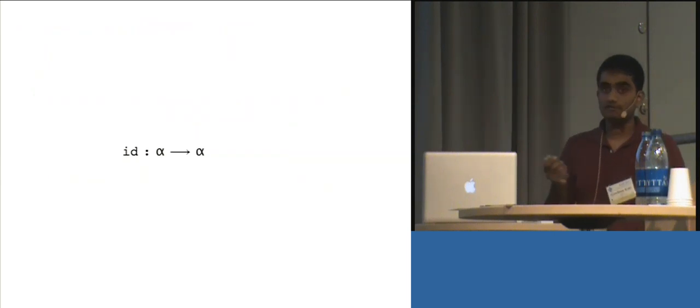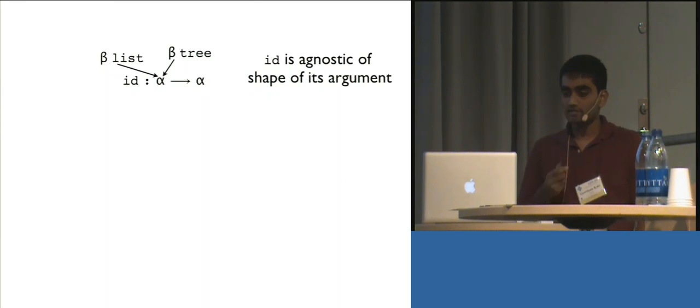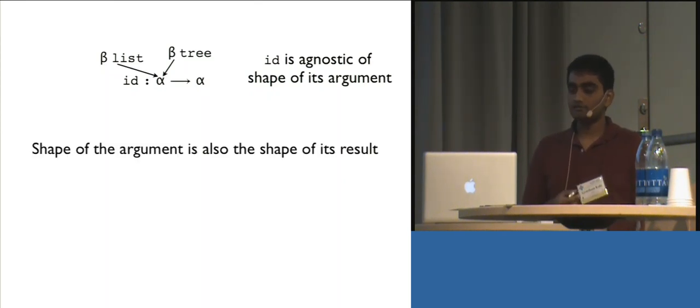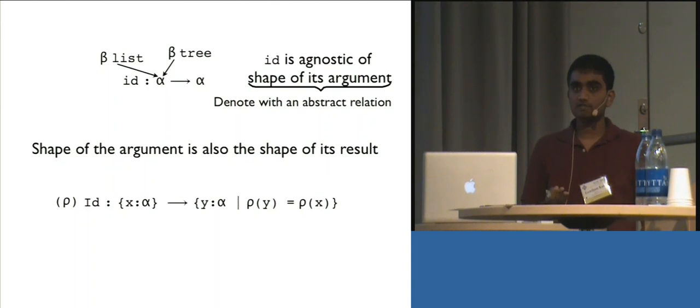So let's take a closer look at the identity function. We know that ID is agnostic of the shape of its argument, that is, it can take arguments of different shapes. However, regardless of the shape of the argument, the shape of the argument is also the shape of the result. So if we denote the unknown shape of its argument by an abstract relation rho, then we can use the abstract relation to write the type of ID as a function that accepts x of type alpha and produces a y of type alpha, such that the shape of y as interpreted by the abstract relation rho is the same as the shape of x as interpreted by rho.